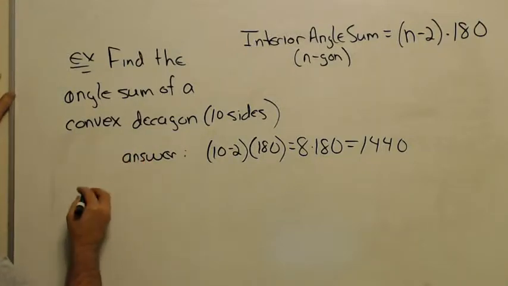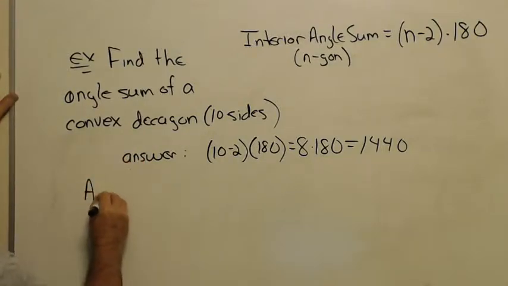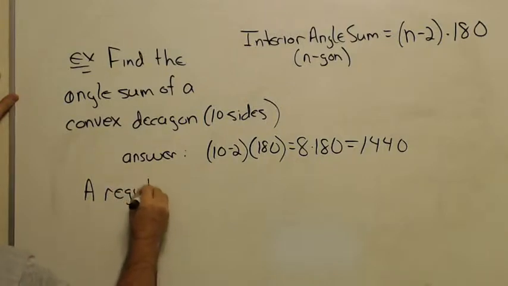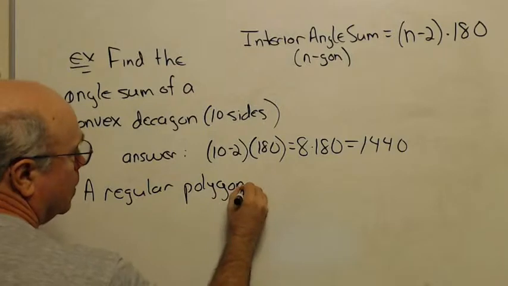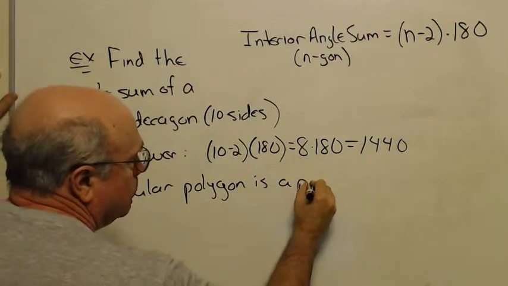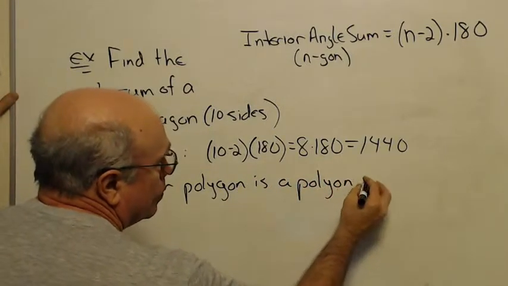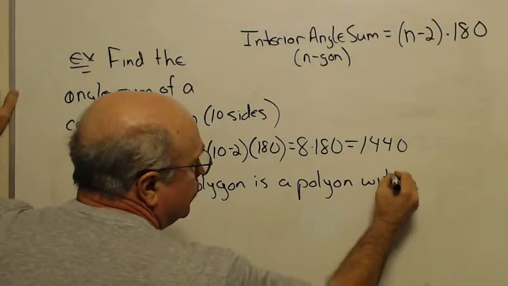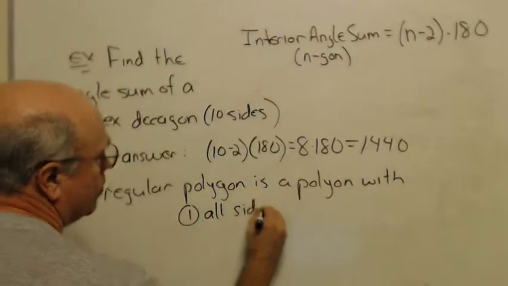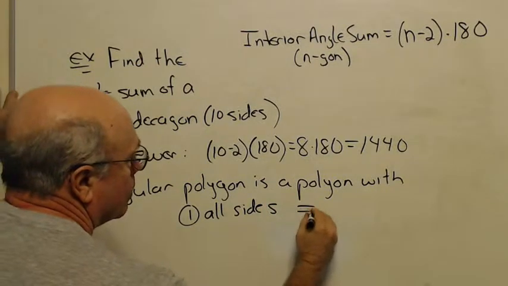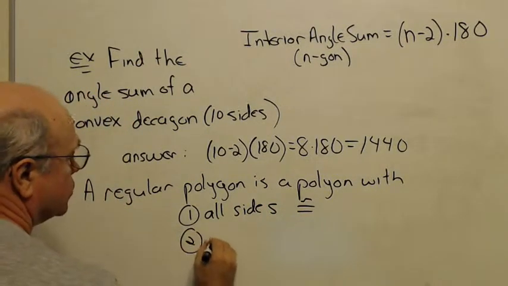So a definition here: a regular polygon is a polygon with two properties. One, all sides congruent, and all angles congruent.